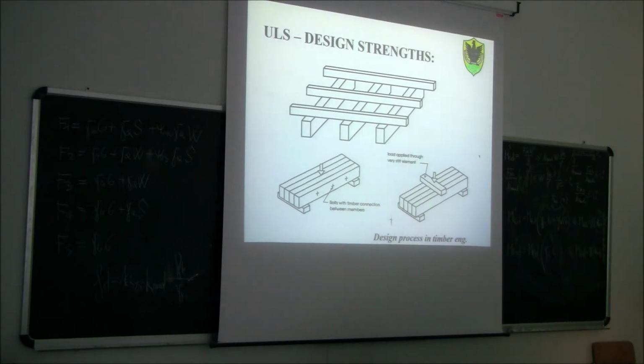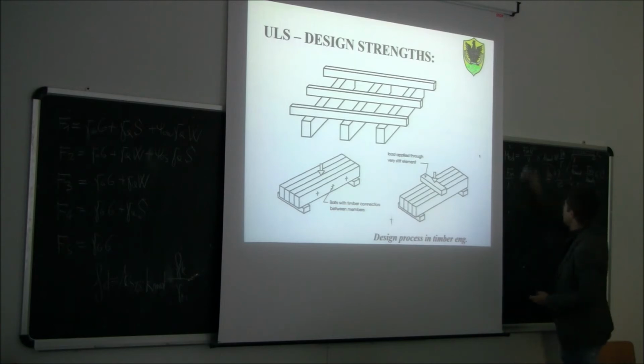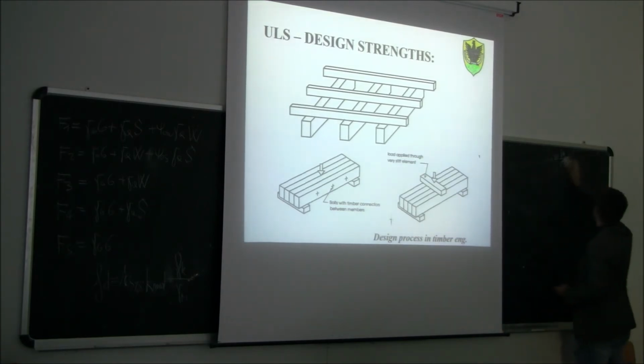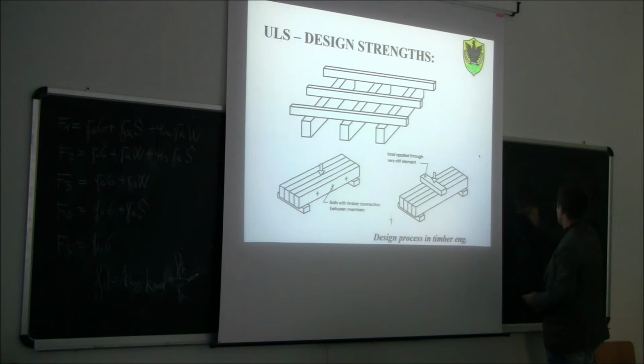So basically, if we have a system, we can expect a larger strength of the system due to the reduced variability of the system itself. Think about, for example, you have 4 beams, like in a bridge, with a concrete slab above it.